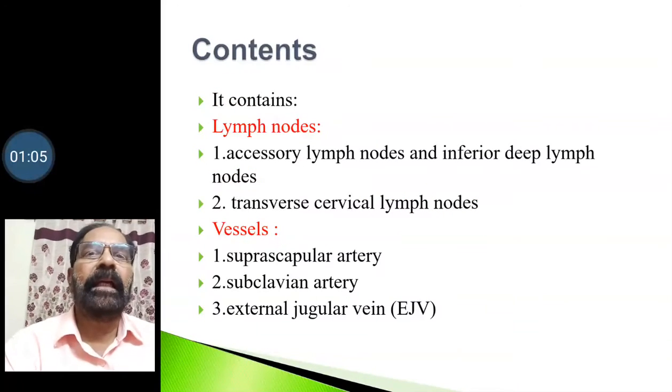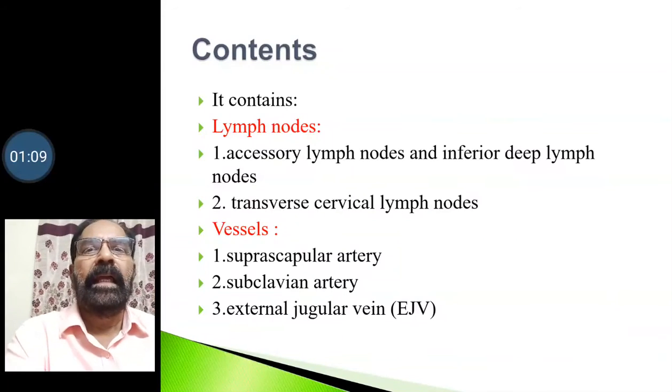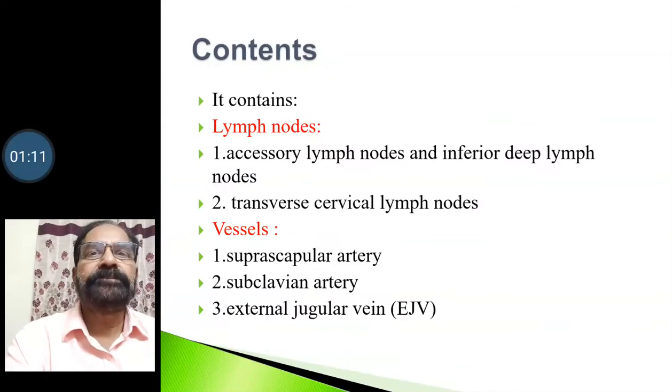Coming to contents, the contents are lymph nodes, which include accessory lymph nodes, inferior deep lymph nodes, and also transverse cervical lymph nodes. Then coming to vessels: suprascapular artery, subclavian artery and external jugular vein.